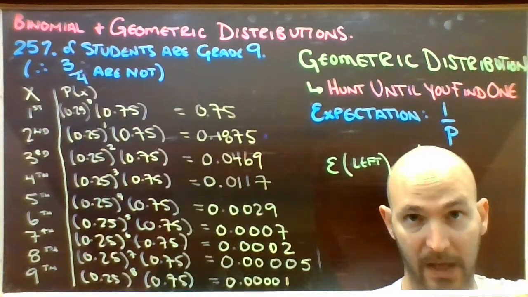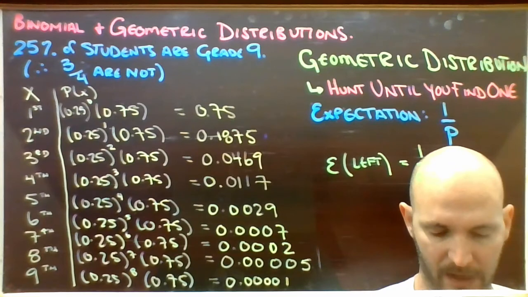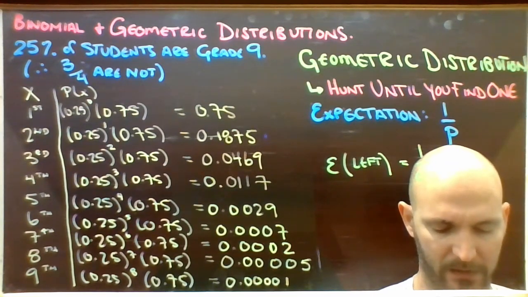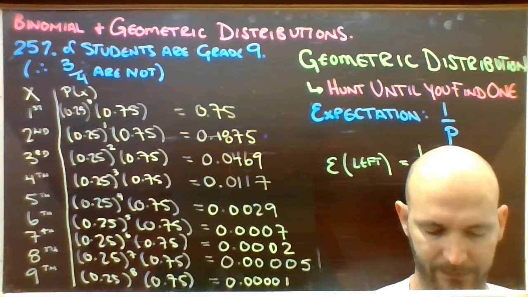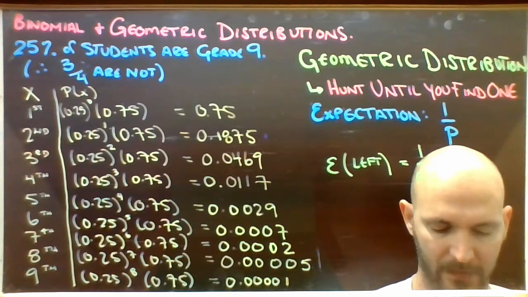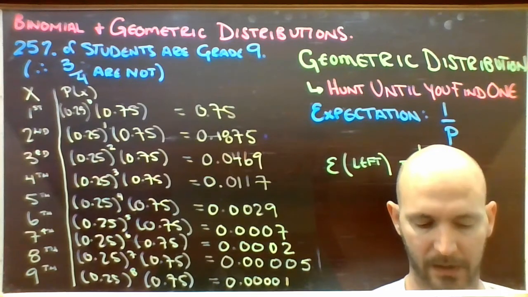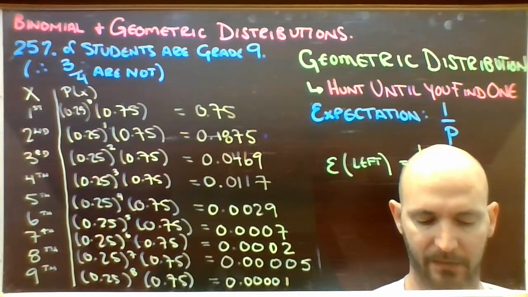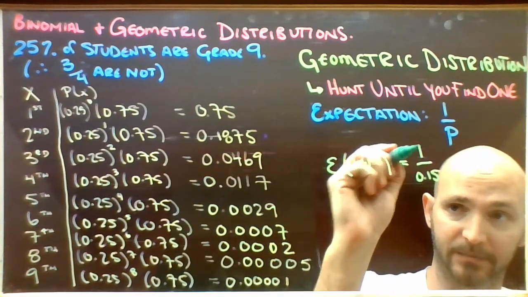So if I do that, 1 divided by 0.15 is 6.667.